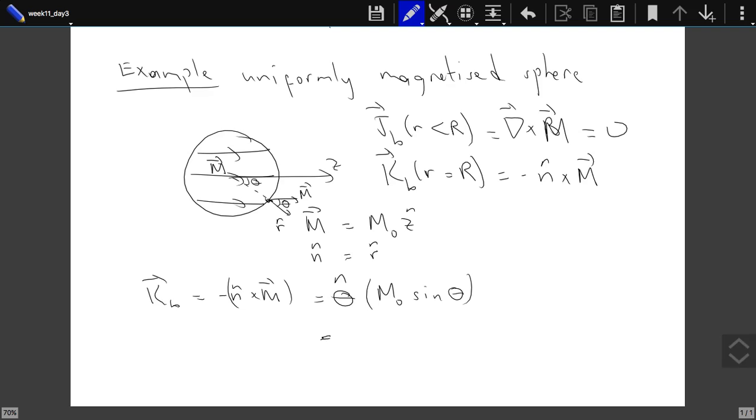Which we can also write as M0 R hat cross phi hat. No, R hat cross Z hat. So let's check the directions. Minus R hat cross Z hat.